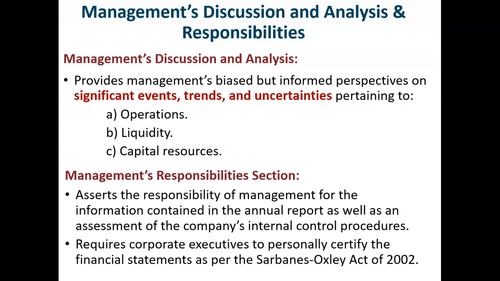Although the management's discussion and analysis section may embody management's biased perspective, it can offer an informed insight that might not be available elsewhere. And remember that the Sarbanes-Oxley Act of 2002 requires corporate executives to personally certify the financial statements. Submission of false statements carries a penalty of up to 20 years in prison.